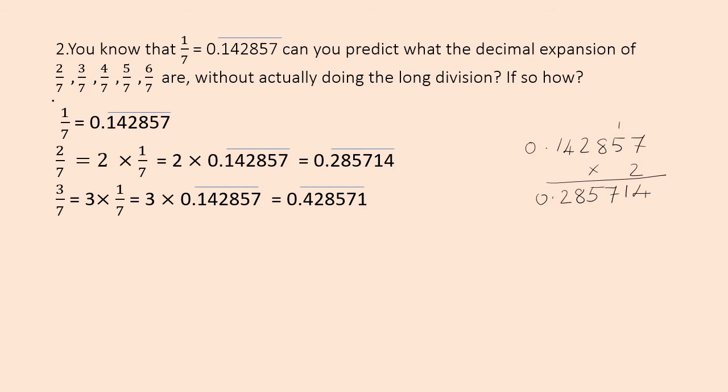Same way, 3 upon 7 can be written as 3 multiplied by 1 upon 7. That is, you have to multiply the value of 1 upon 7, that is 0.142857, by 3.